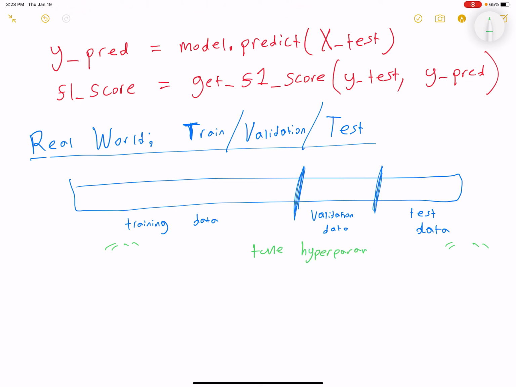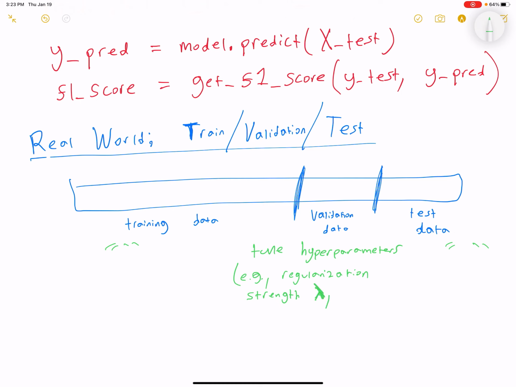hyperparameters. We learned about some hyperparameters already. For example, even though we didn't cover it in too much depth, we talked about regularization strength, which is set by the ML engineer, and we gave it the value lambda.